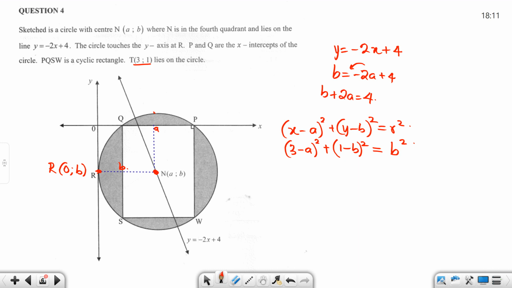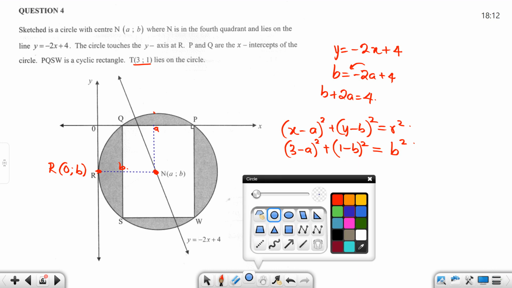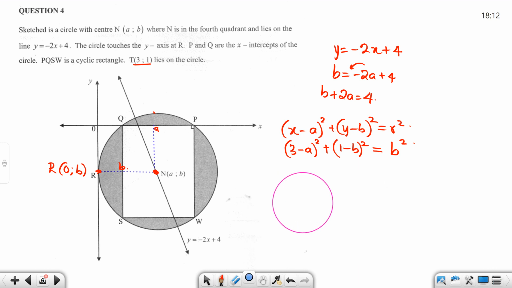What is the radius of a circle? How do you measure the radius of a circle? Just the normal circle. Let's go to grade 8. Center of the circle. Where do we measure radius? It's from the center to where?